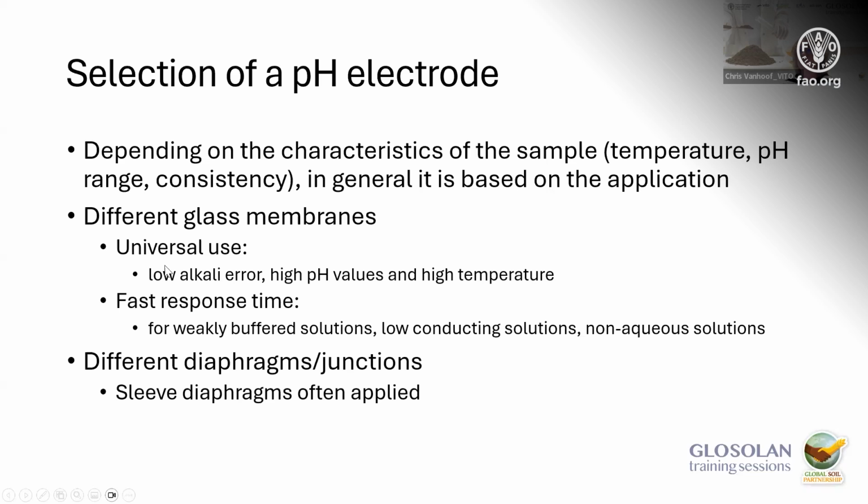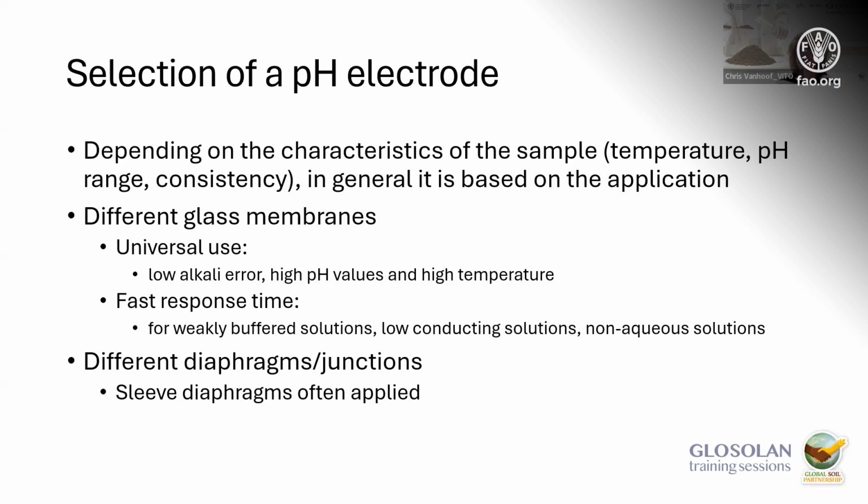You have some universal glass membranes that allow a low alkali error and cover high pH values and high temperature. Otherwise, you can also select a pH electrode with fast response times for weakly buffered solutions, for low conducting solutions, or for non-aqueous solutions. These are all possibilities where you need a certain pH electrode.